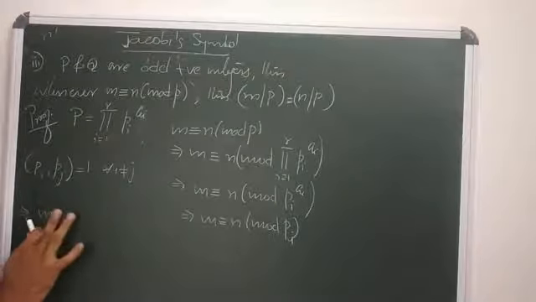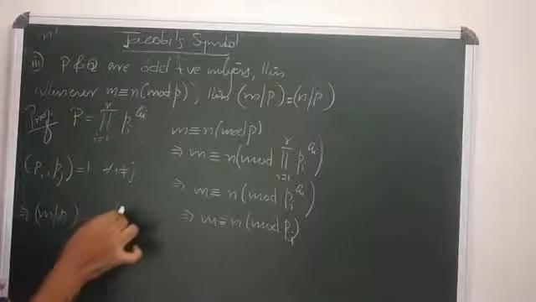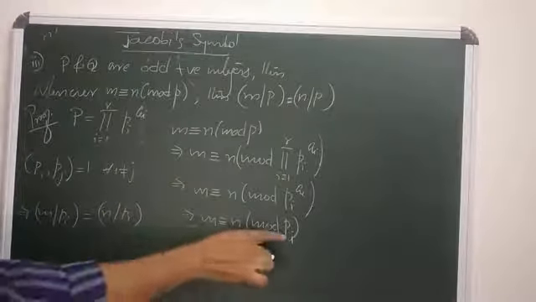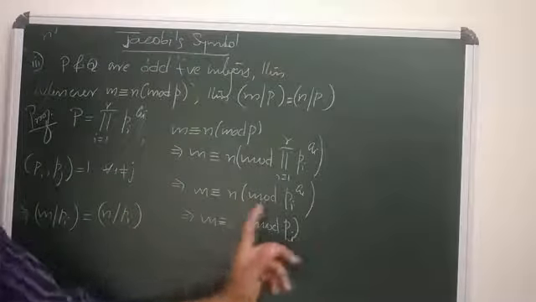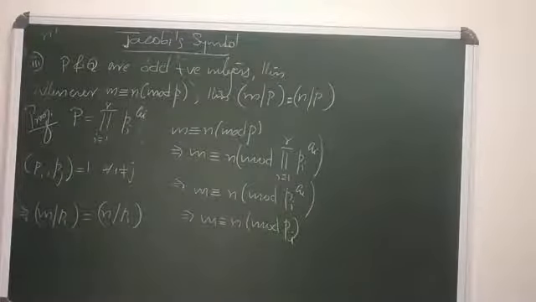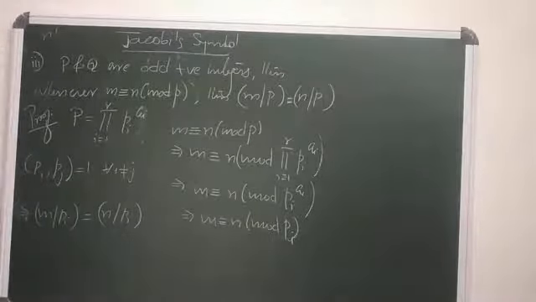Then we have (m/p_i) equals (n/p_i). Why? Because p_i is an odd prime. Then by the Legendre symbol, we have the result that whenever m is congruent to n mod p, then (m/p) equals (n/p).